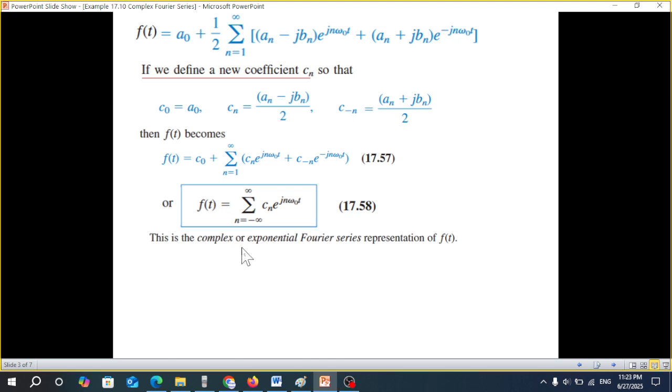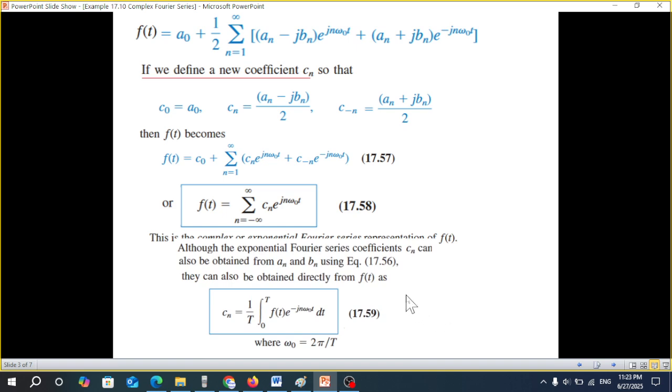Now this is the complex or exponential Fourier series representation of the function f(t). Now, how can we find the value of Cn? Well, we can find it from here, but there is an easy way also.